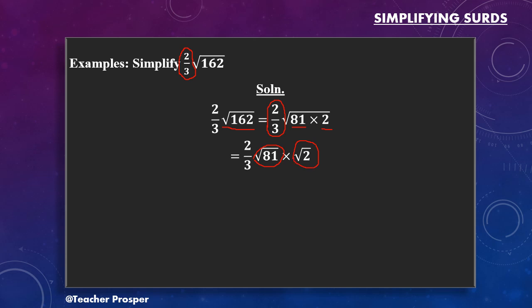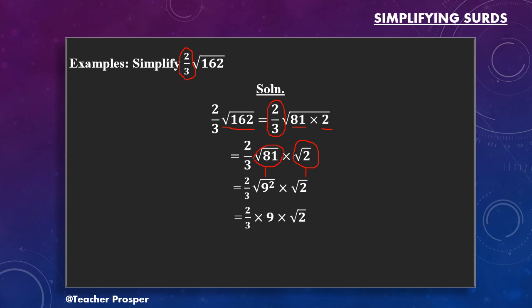Good. Now, in our next step, we know that square root of 81 is also the same as square root of 9 squared, because 81 is 9 times 9, which is 9 squared. And then square root of 2 still remains square root of 2. And this gives us this, whilst we keep the coefficient.